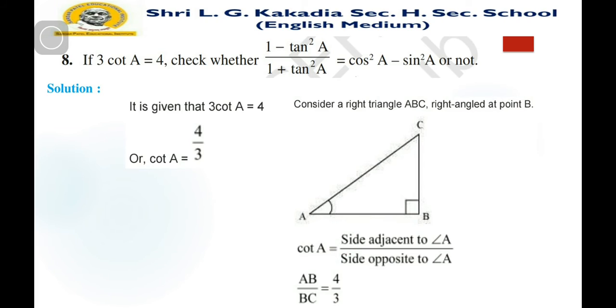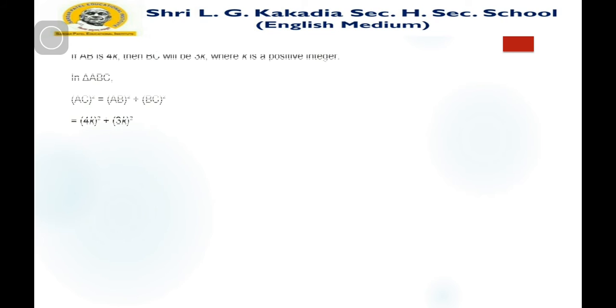By that way, we can take AB as 4k, then BC will be 3k, where k is a positive integer. In triangle ABC, using Pythagoras theorem, AC square is equal to AB square plus BC square. Putting the values of AB and BC, we get (4k) square plus (3k) square.